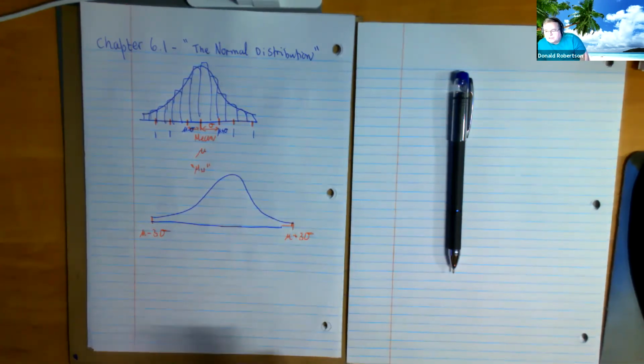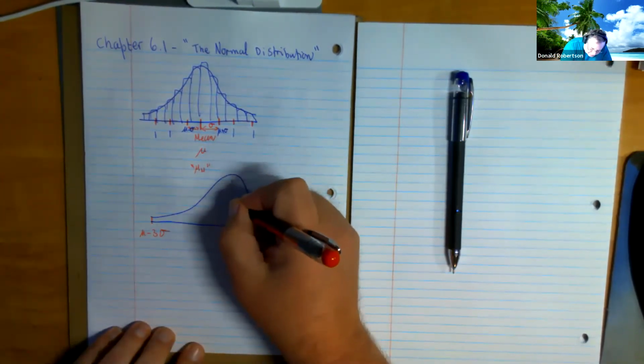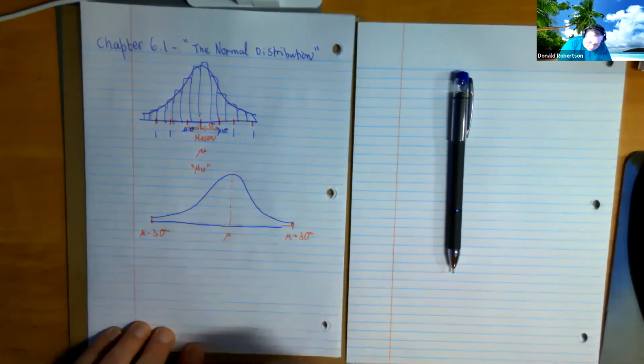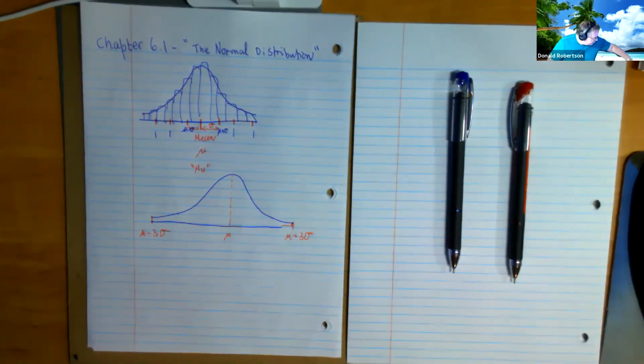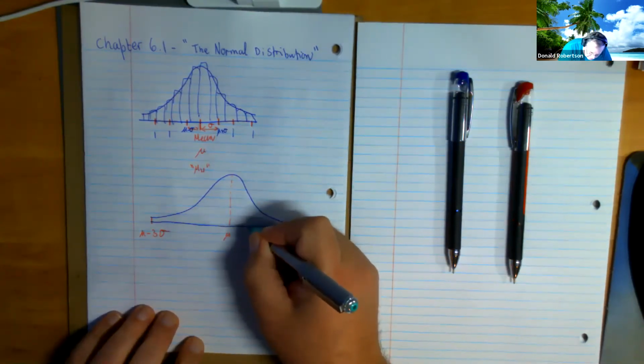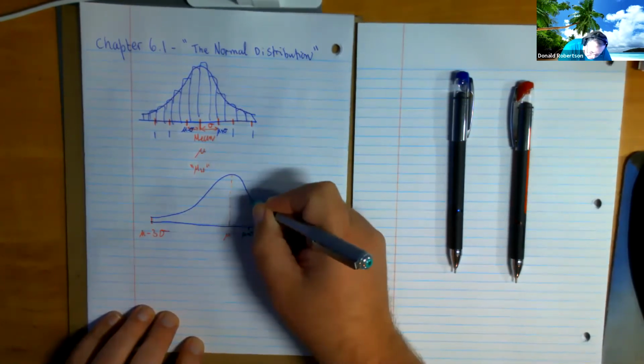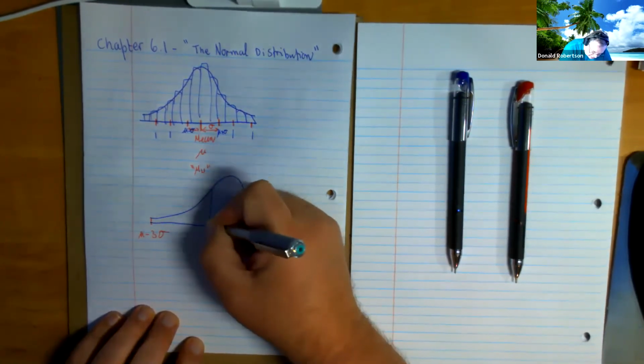So if you have a mean and a standard deviation, you get plus or minus 3 is the range you get. Right in the middle is the mean. And just because I can, I'm going to choose different colors. One standard deviation to the mean takes you to here, to here.